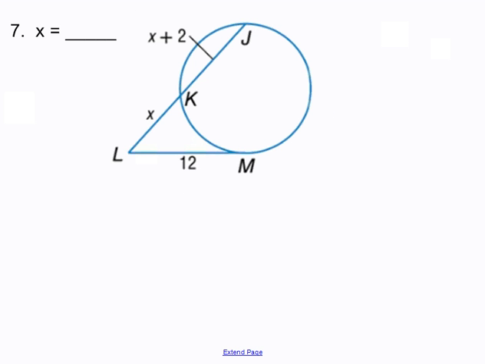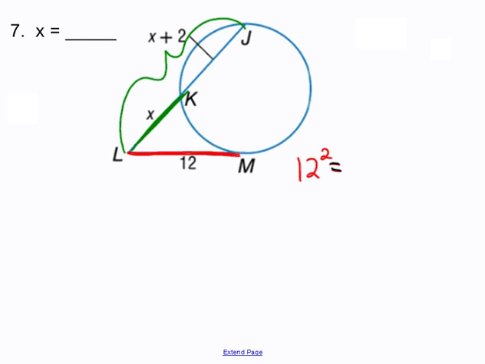Okay, last one. We have another tangent here, so that's going to be 12 times 12. And then we've got the whole thing times the outside. So 12 squared equals the whole thing.